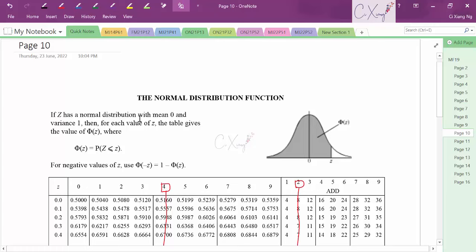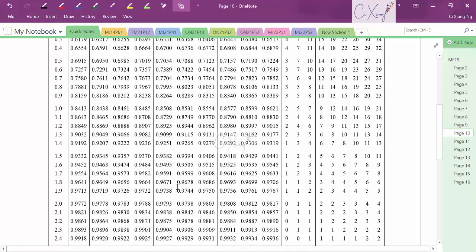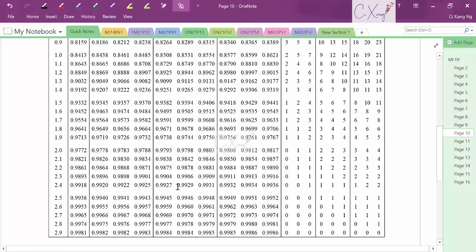If you have a look at the detail here, where is the 0.98? We should refer to the probability to find out the value of Z. Try to look for a probability smaller than 0.98 but very close to it. I think we can see this one: 0.9798 is close to 0.98, right?